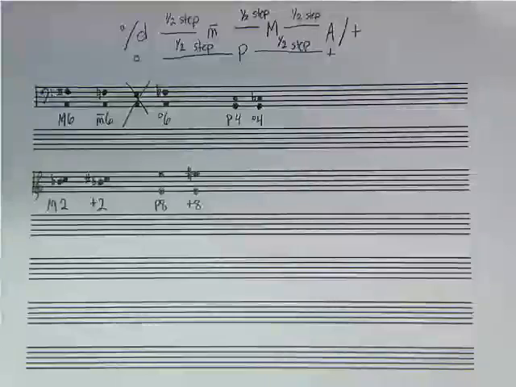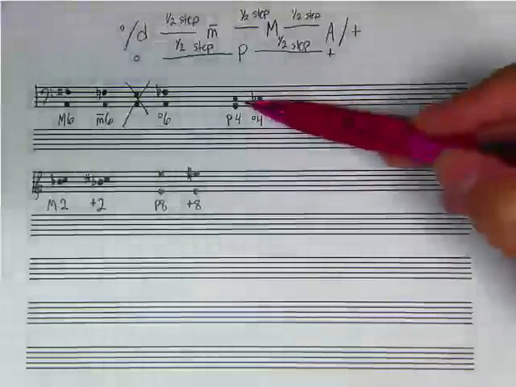Now, one other thing I want to mention: we've been given the bottom note and writing intervals above. Eventually, we'll talk about how to write intervals below a note. It just is a little bit of an extra step in the process. But just so you know, if we were going to adjust the bottom note, remember, to make something bigger, we're thinking about space, not direction. So we could have taken, for example, this perfect fourth to make this a half step smaller.